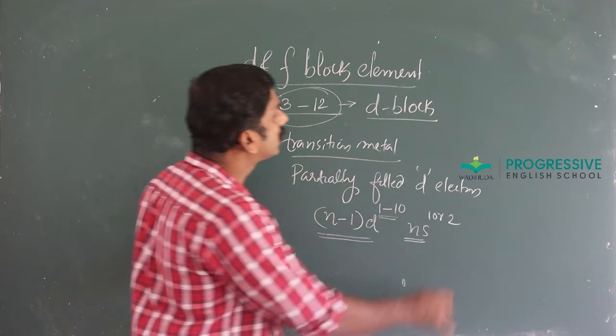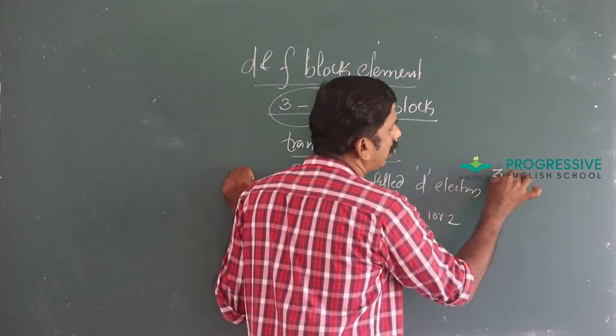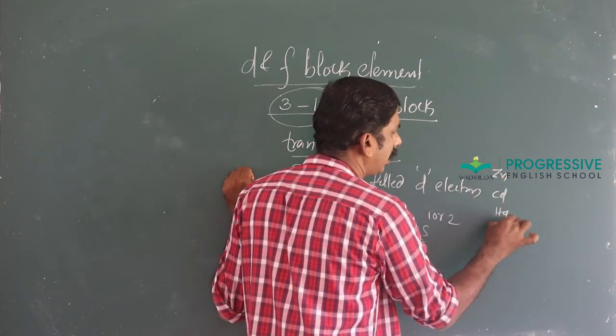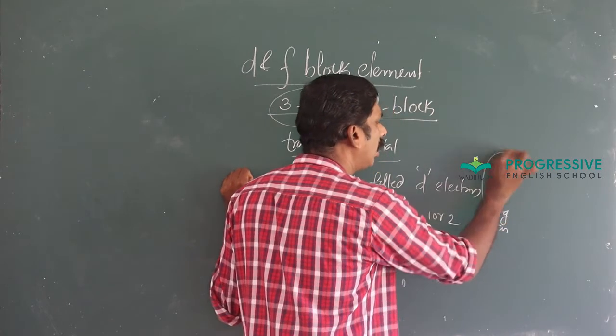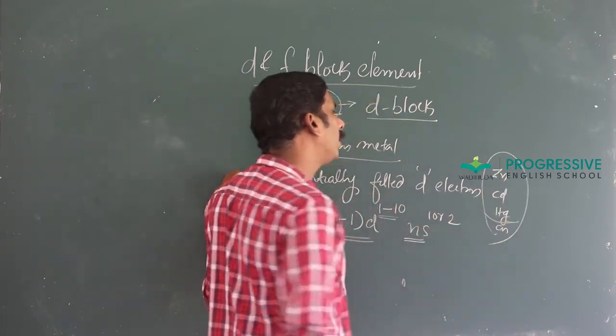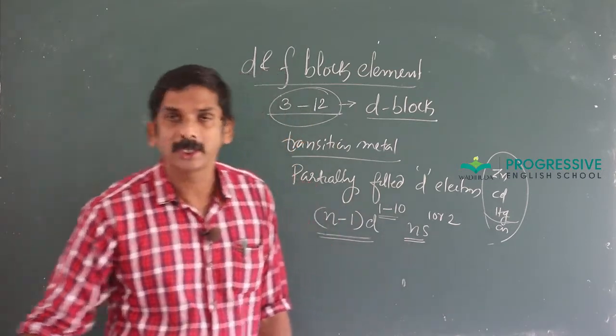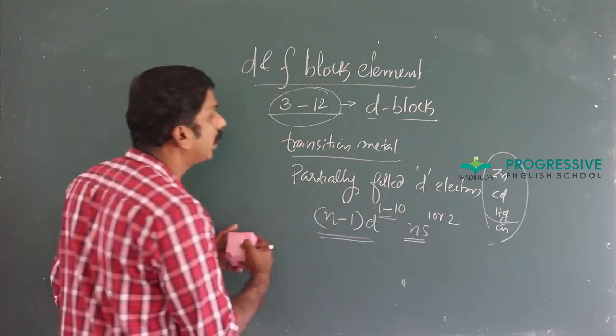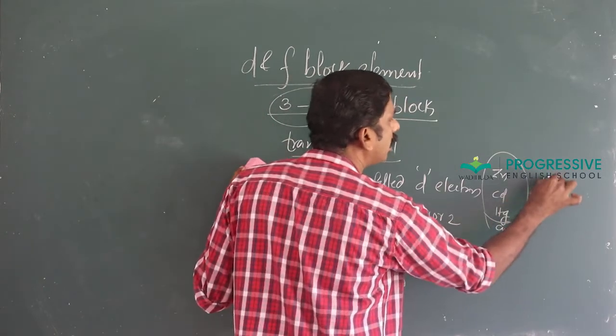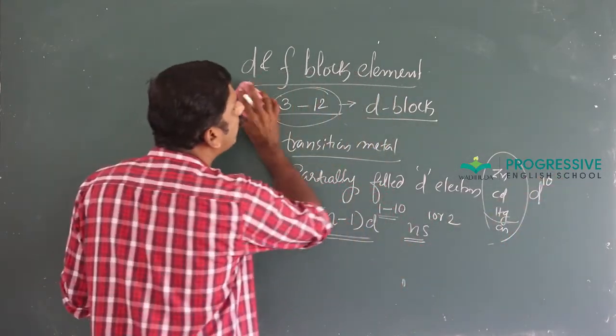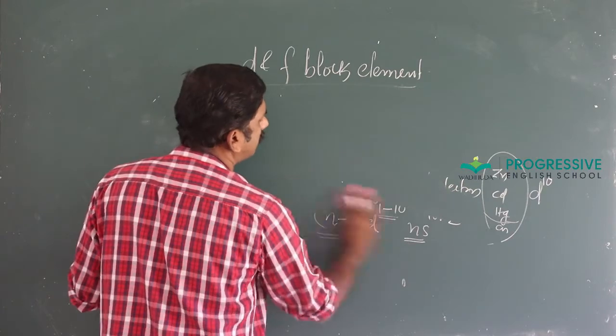Due to this reason, zinc, cadmium and mercury are not considered as transition metals because of their d10 configuration. They have a completely filled d subshell.